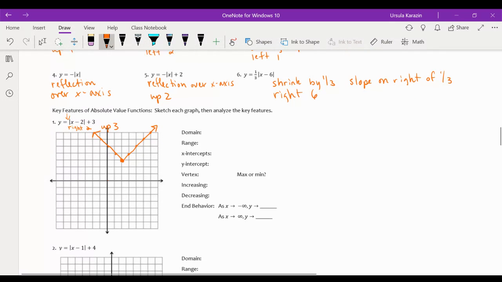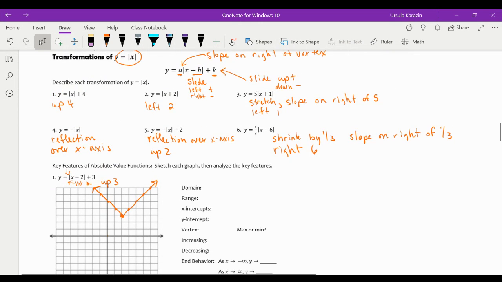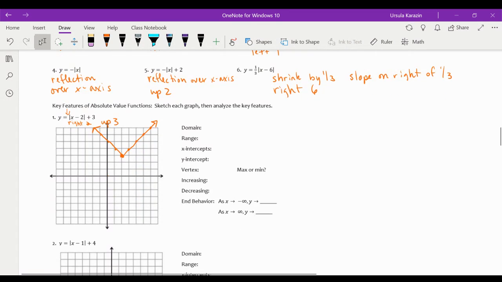All right, so now we need to answer the questions that we just answered. The domain will always be, for all of these, -infinity to +infinity, because it's always going to go far left and far right as possible. The range, it's only going to go as low as its vertex if it opens up.